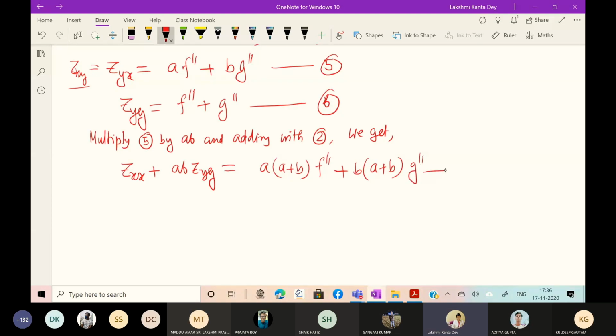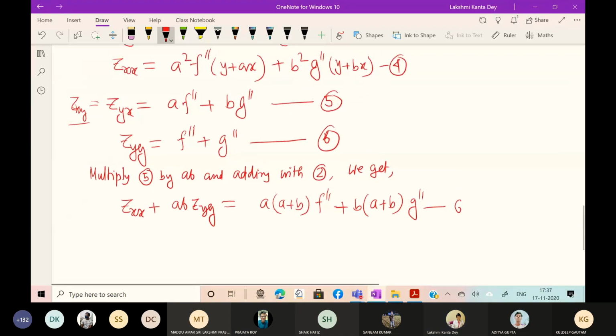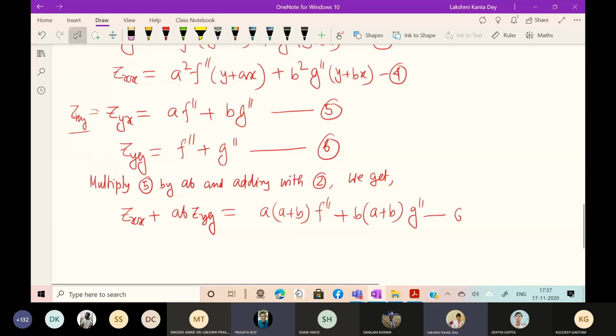Sir, but 5 is Zyx. 5 is Zyx and Zxy, these are the same. But you said you are multiplying equation 5 by AB, so in that case it will be Zyx into AB. No, that is equation 6.